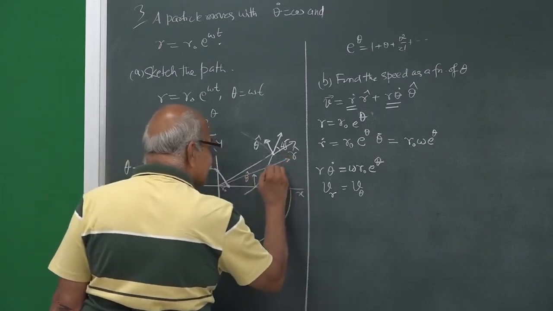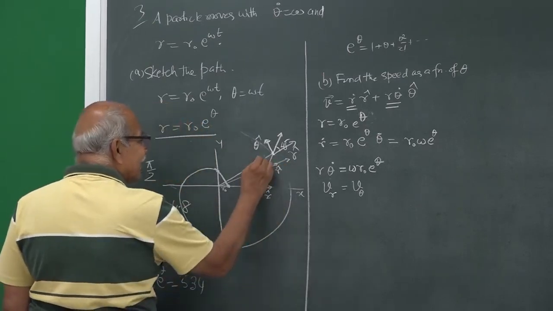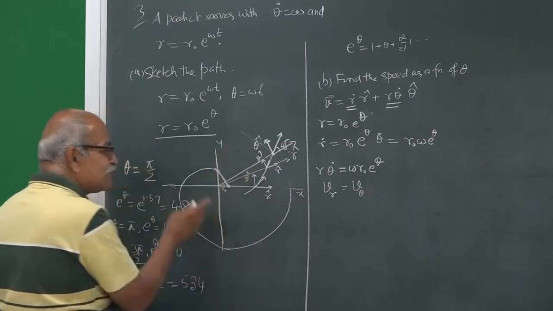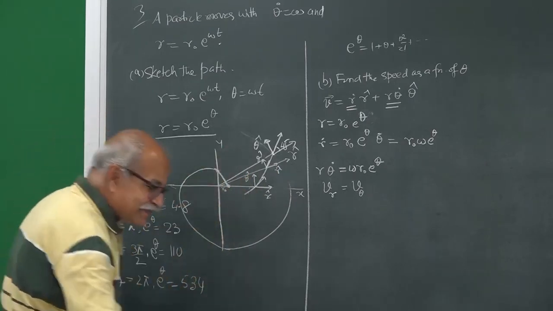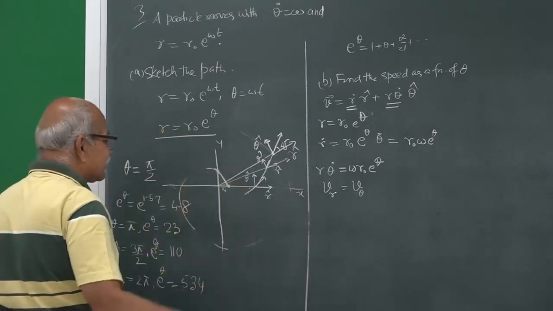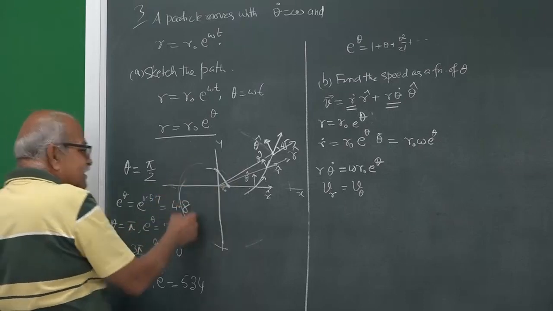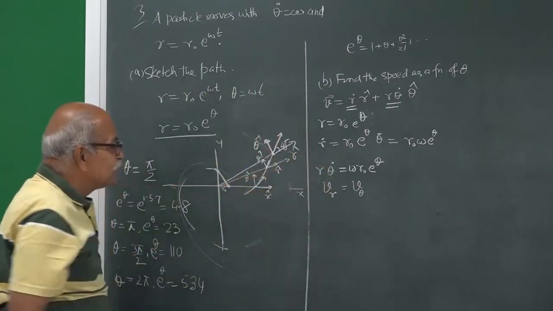This is r cap direction and this is theta cap direction, and the actual velocity should be in between. So, it should go like this. Okay. So, just do not go by the sketch of the diagram and you can draw a much better diagram. But the thing is, r will keep on increasing, all the time this equation will be followed.